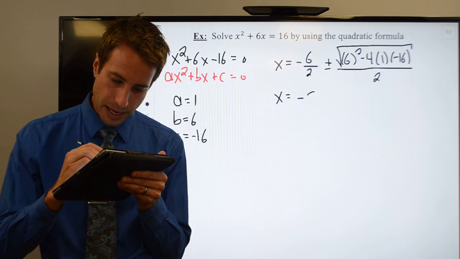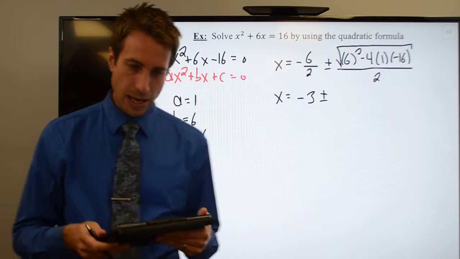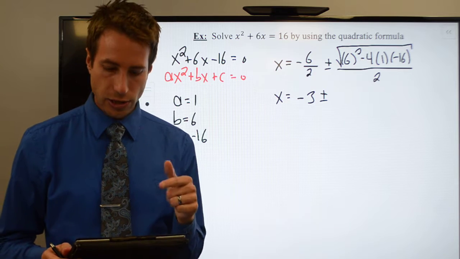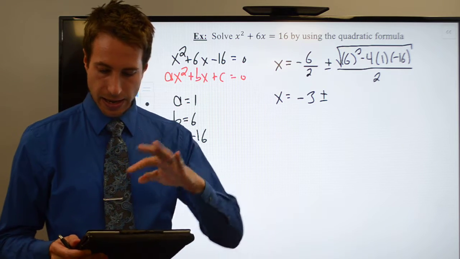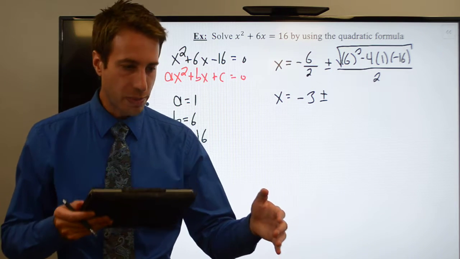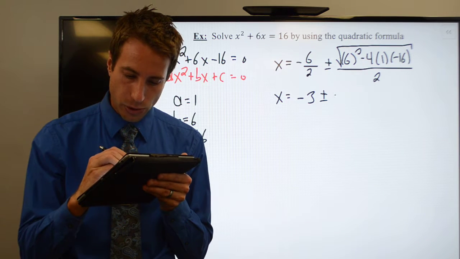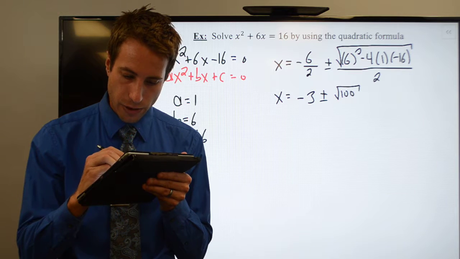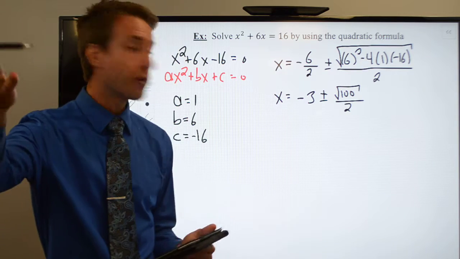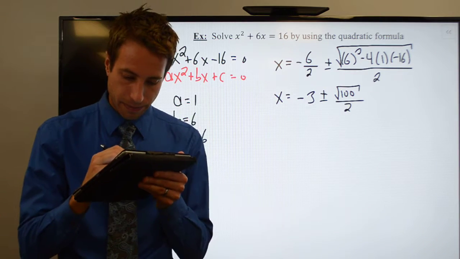It's going to give me a minus 3 plus or minus, let's see here, 6 squared is 36, and negative 4 times a negative 16 would be 64. 64 and 36 would be 100, so we wind up with the square root of 100 over 2, but 100 is a perfect square. It's 10.